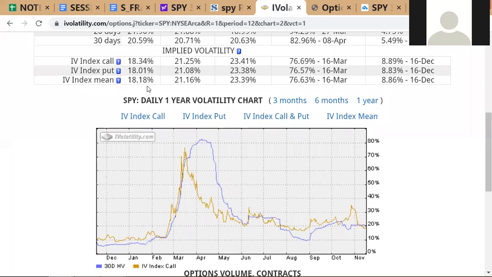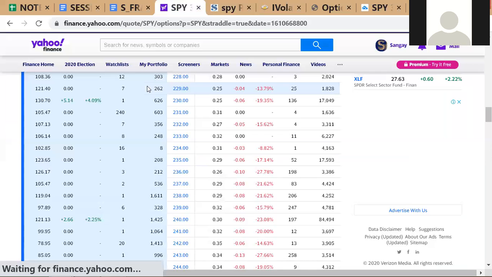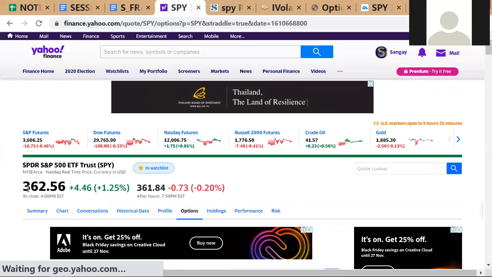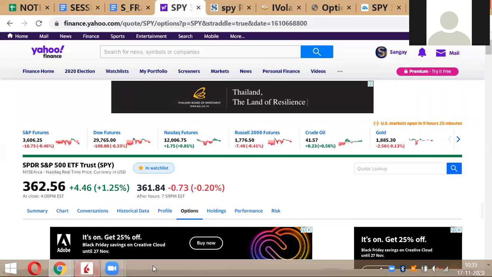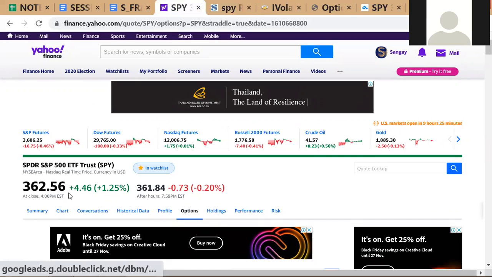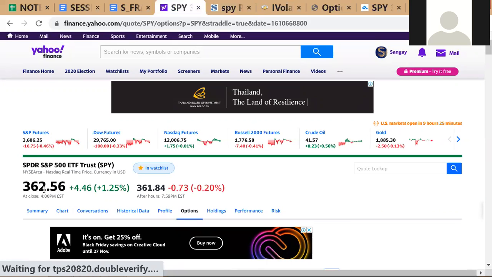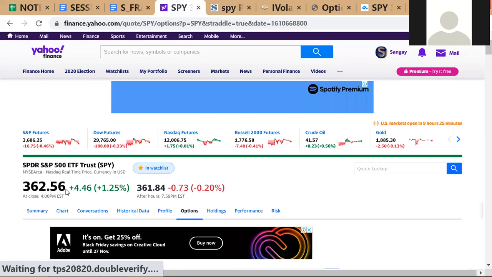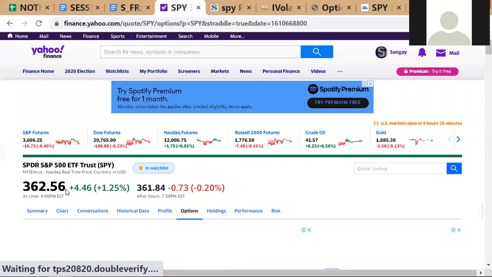This is like I ask you what was the closing price of SPY on Monday, today being Tuesday, and you look up Yahoo Finance and tell me the closing price was 362.56. There is no skill in this. Even a computer can tell me this because this is just the situation now. You don't get paid to tell me this.